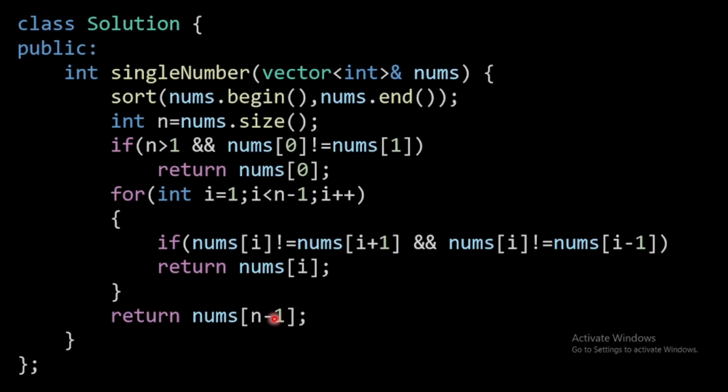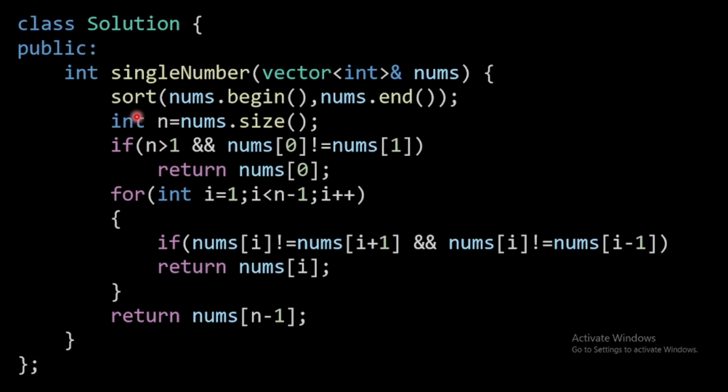This is a sample code, but I'm not going to explain it because that is not the purpose of this video. Let's analyze its time complexity. In this code, we have used the built-in sort function provided by the C++ compiler.